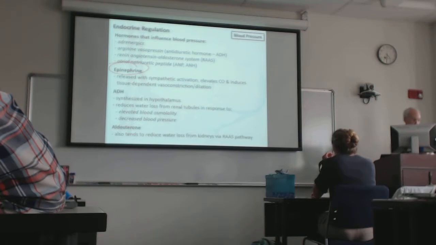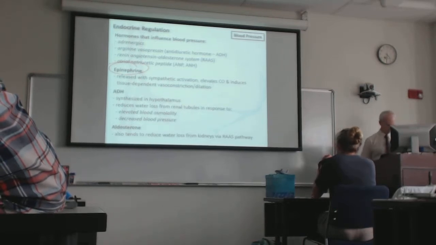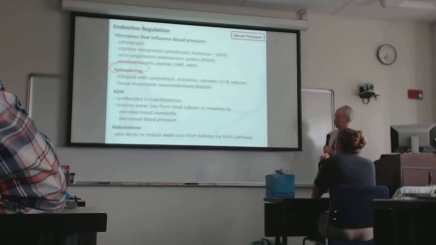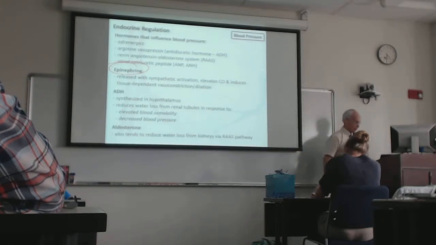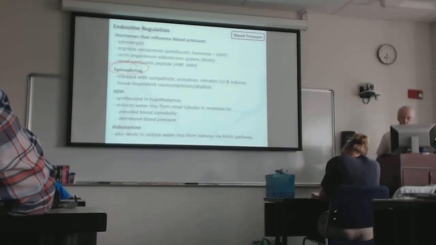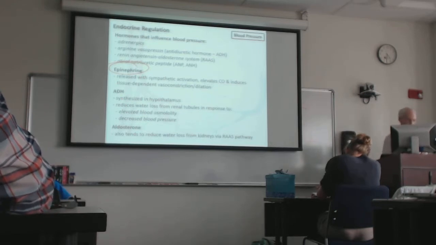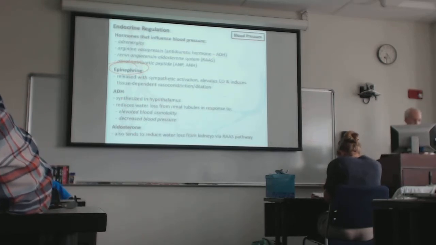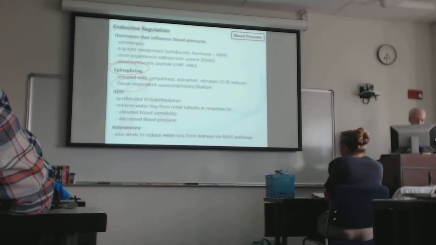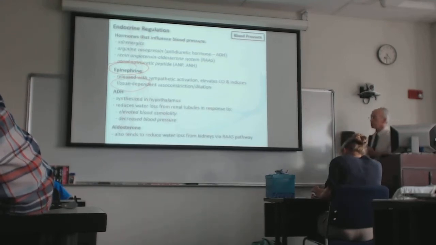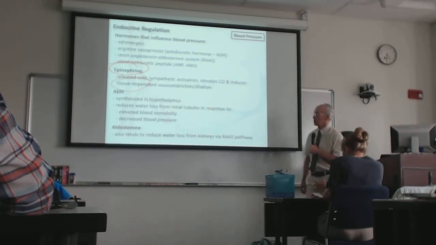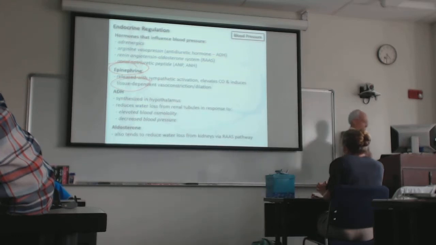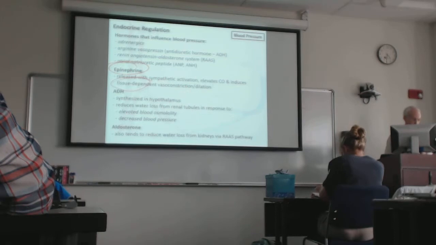So, for example, epinephrine, I think this is one you already should know pretty thoroughly, is going to elevate cardiac output via dromotropic, inotropic, and chronotropic effects. And it can have tissue-dependent effects on blood vessels, either relaxing the smooth muscle, or constricting the smooth muscle.